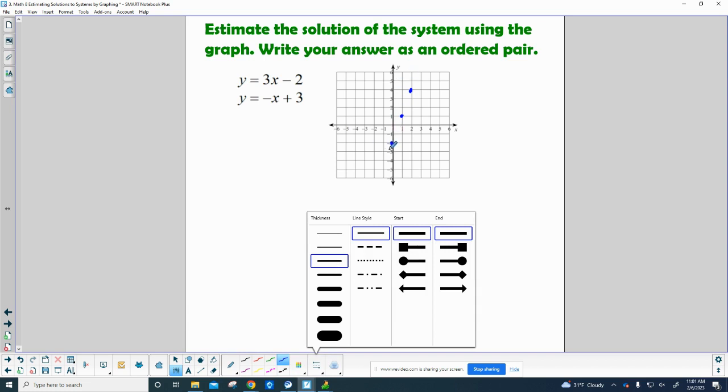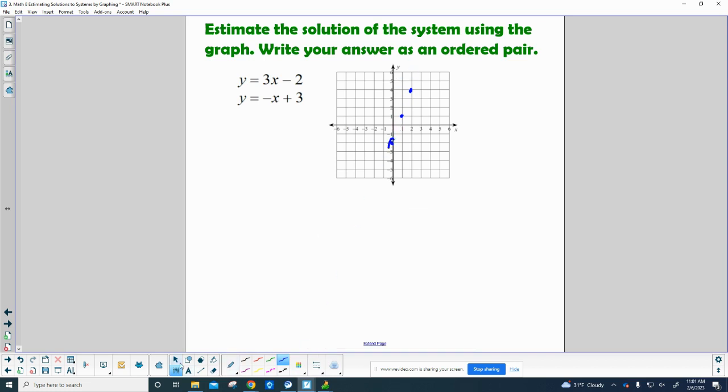So this one starts, oops, I've got to get the line tool instead. So I'm going to grab the line tool, come up through there just like that. Make sure it's as accurate as I can get it. And that's pretty good right there. So there's my first one. That's y equals 3x minus 2.